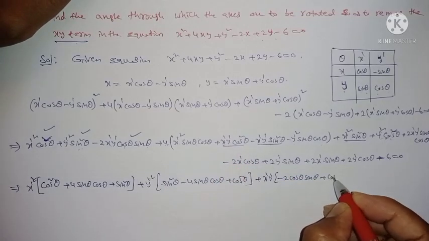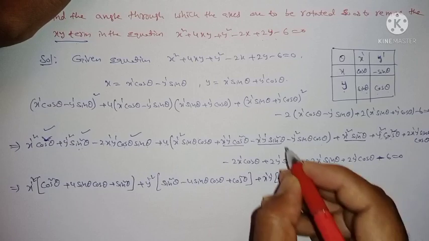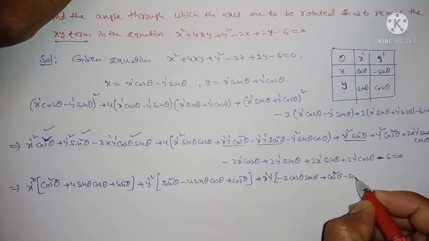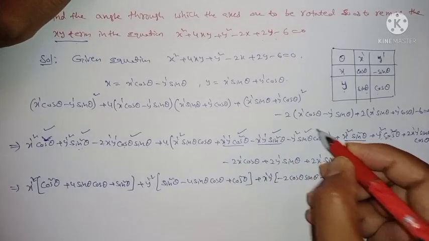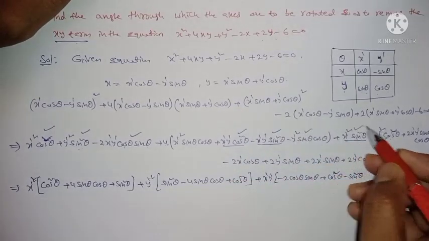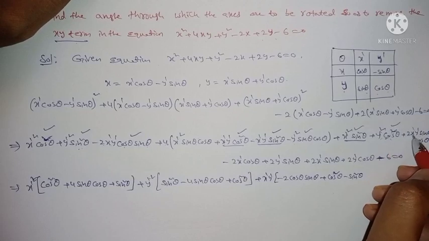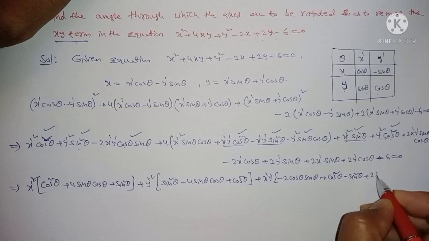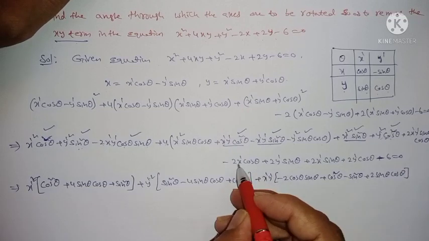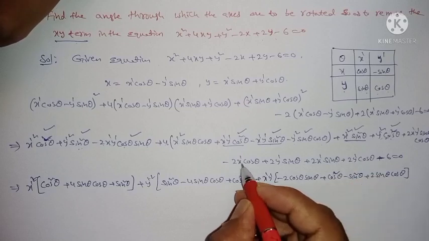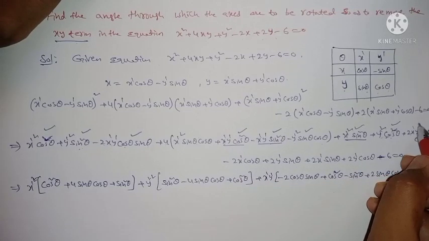The remaining term is cos square theta minus sin square theta, and the remaining is plus 2 sin theta cos theta. Again, there is no other term.